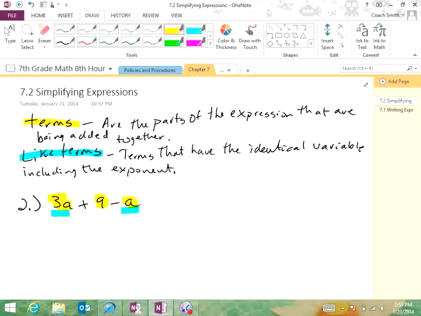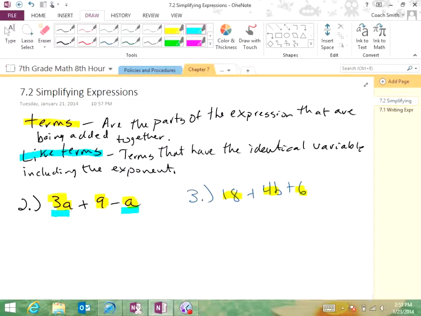So in number 3, we have 18 plus 4b plus 6. So the terms are 18, 4b, and 6.